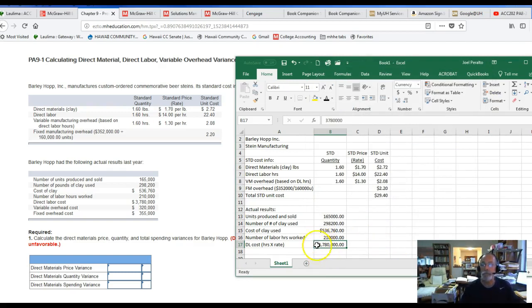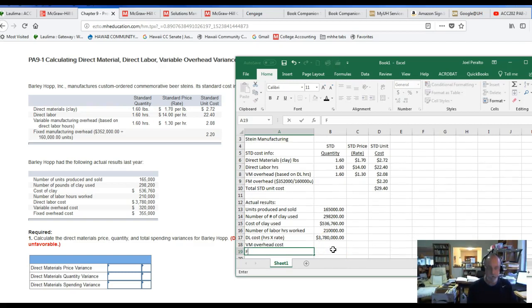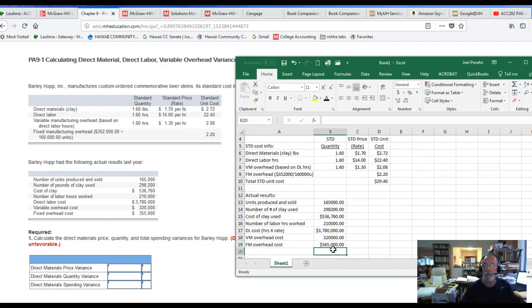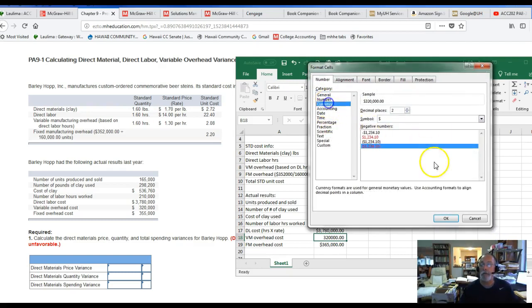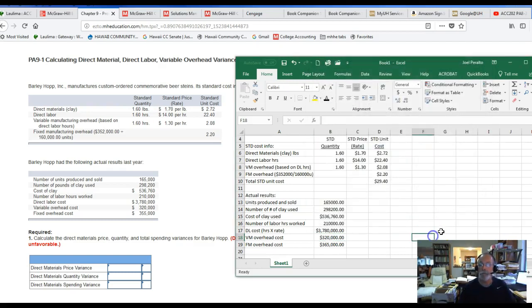Okay. Variable overhead cost and fixed overhead cost, 320 and 365. Okay, so that gives us some actual data.